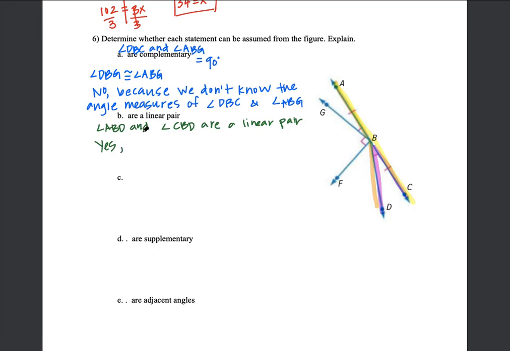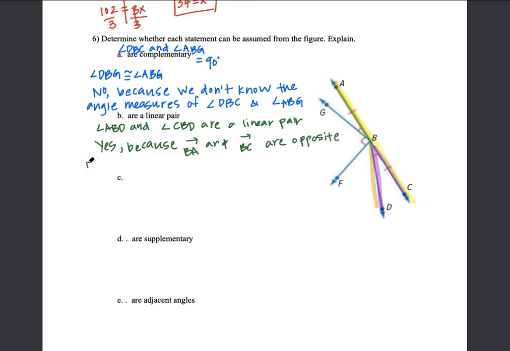And if I want to use the definition of linear pair, I can say that yes, because ray BA and ray BC are opposite rays.